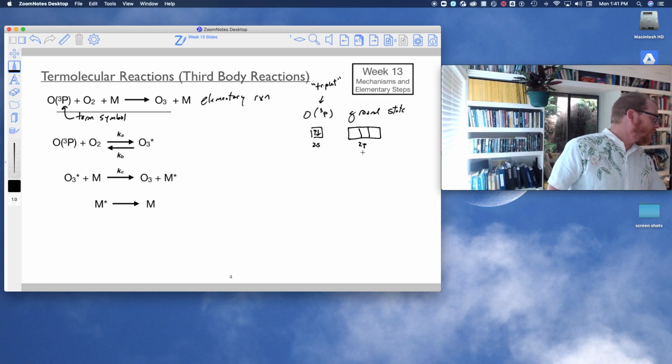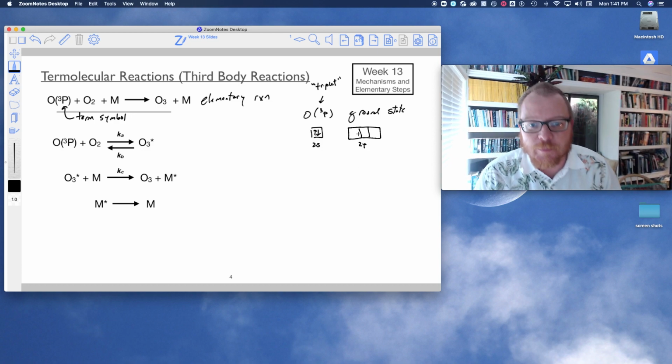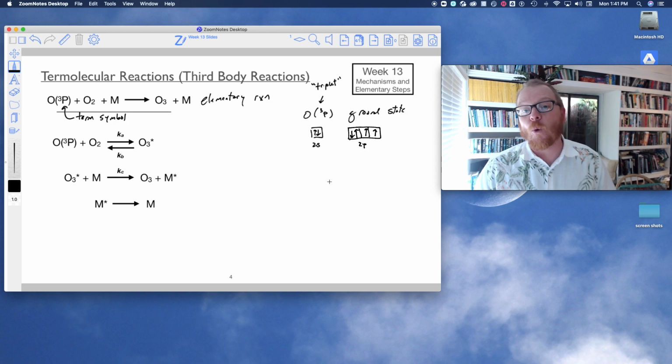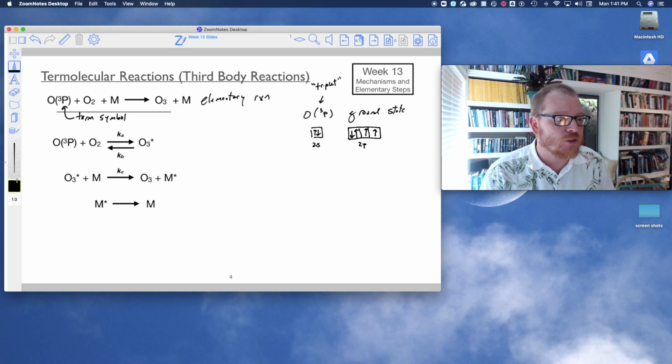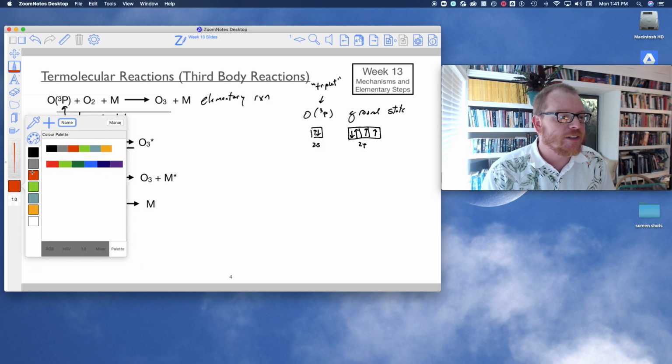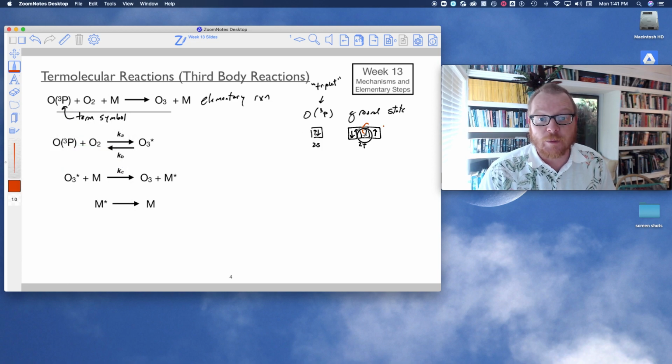If we look at our periodic table, we can see oxygen has 4 electrons in the p block, so that's 1, 2, 3, 4. These 2 unpaired electrons right here make up what we call the triplet state.